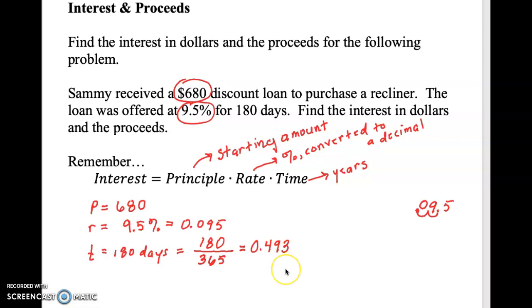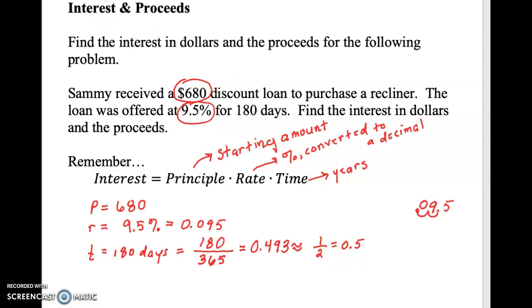Now, for our purpose, because we're working in the real world here, 49% is approximately 1/2, or 0.5. So we're going to use that as our figure. Instead of 0.493, we're just going to use 1/2.